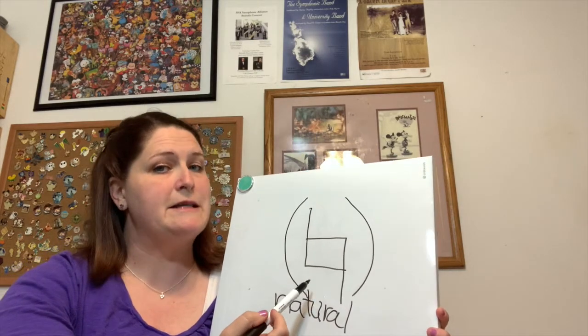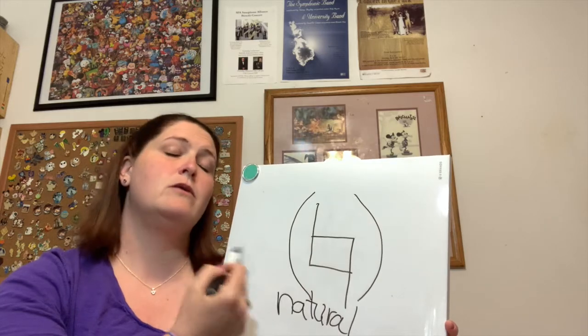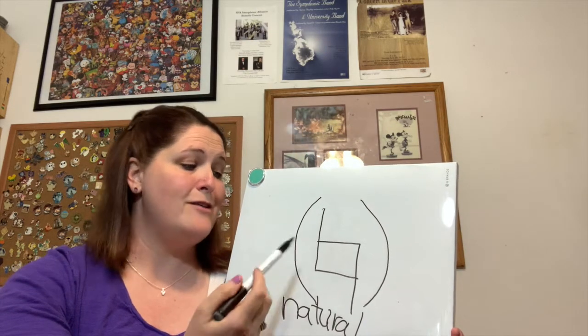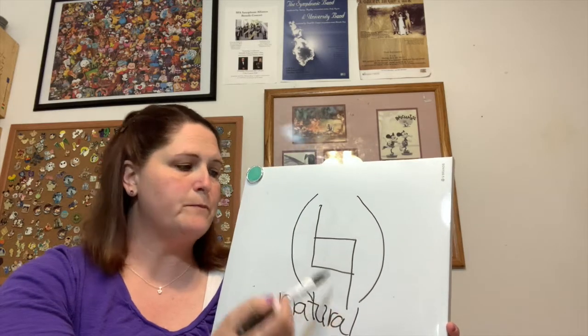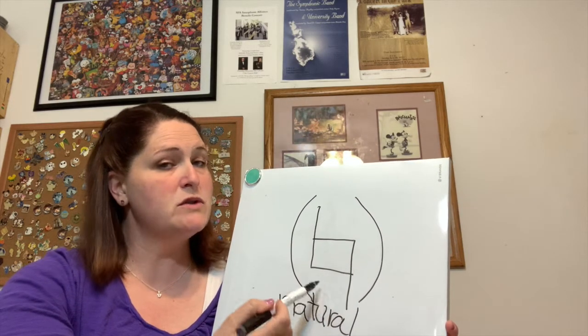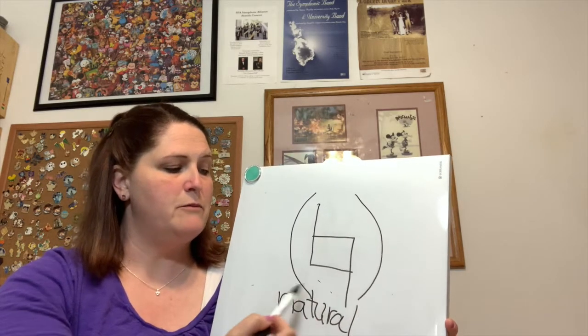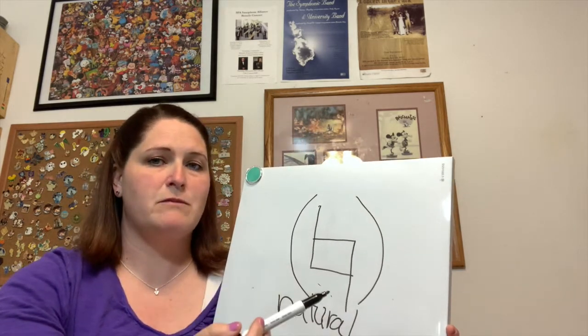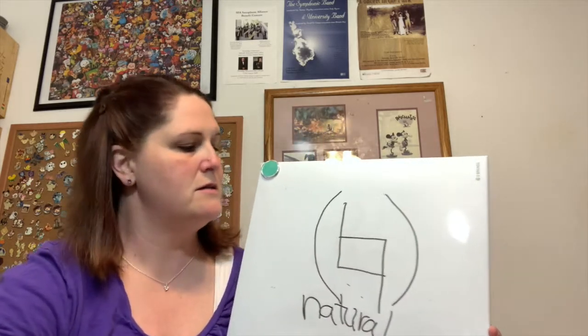That's reminding you, hey, we're still natural, even though you were sharp or flat a few measures before that. And you can actually see that courtesy thing around the sharps and the flats too. But I think my students get most confused when they see the natural sign in parentheses, because they think it means something more than what it actually means. They're trying to make it a bigger deal than what it actually is.